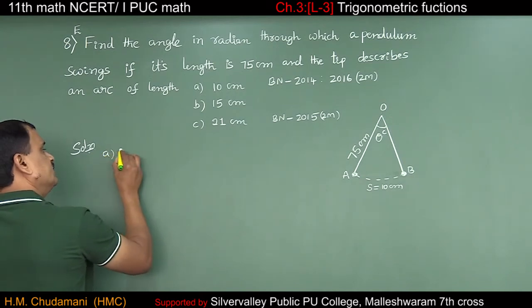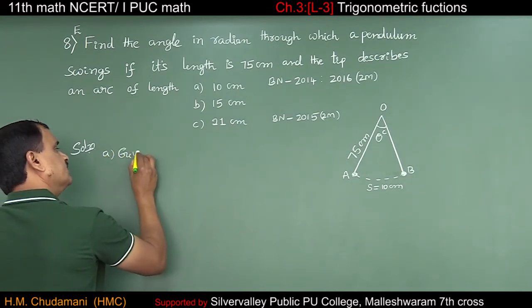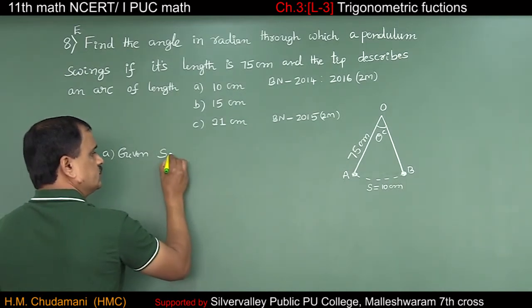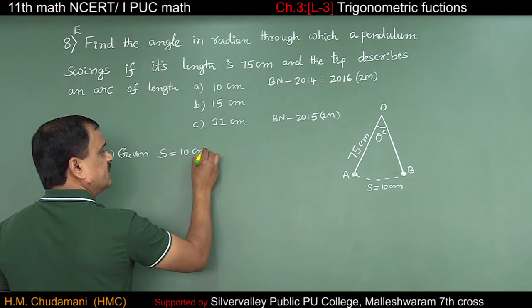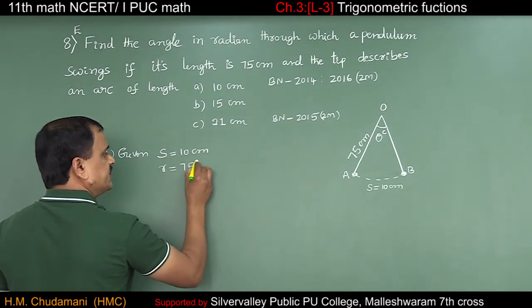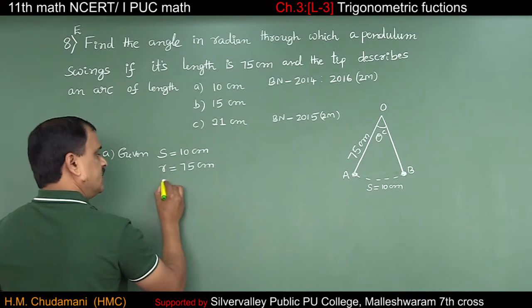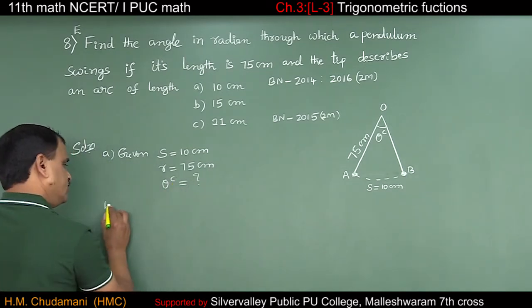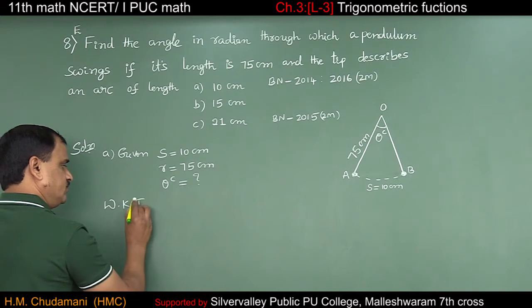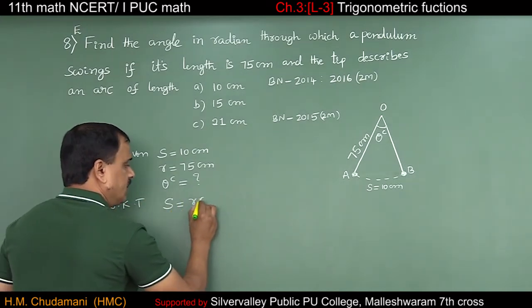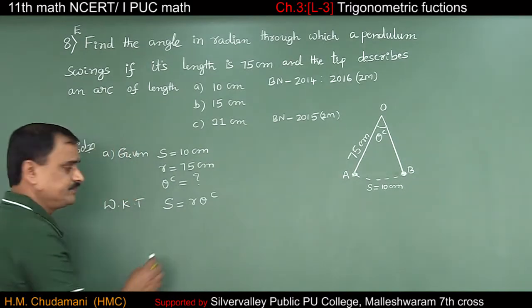Solution. So given arc length S is equal to 10 centimeter and the radius 75 centimeter, theta we are supposed to find. We know that the arc length S is equal to R into theta radian.